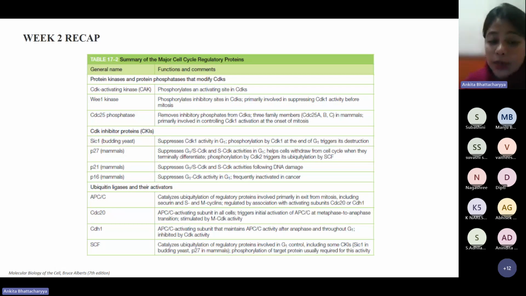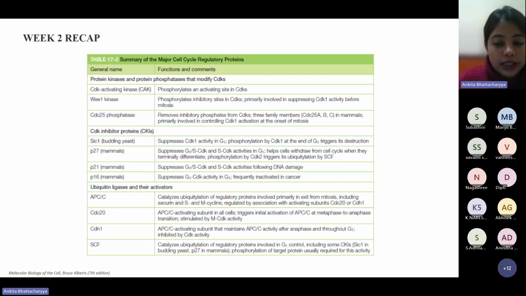And also M cyclins, and it is regulated by association with certain activating subunits like CDC20, which is the example that we looked at. And CDC20 is, of course, the activating subunit that operates during the metaphase-anaphase transition, and its stimulator is M-CDK.